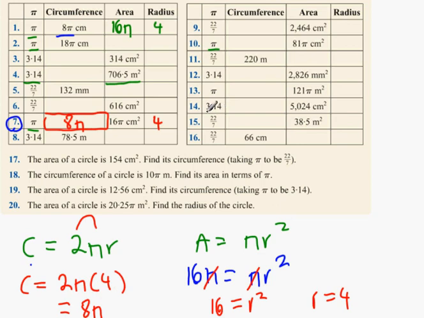Wait, how much of a difference would it be from just 8? You have to put in the pi because the pi is in the formula. It's 2 multiplied by pi multiplied by r. If you just did 2 multiplied by 4, that's 8. You're forgetting all about the pi. It has to be multiplied by pi.